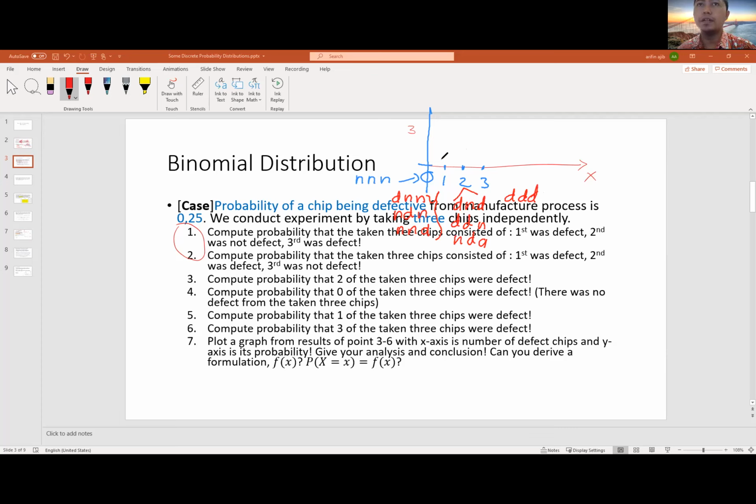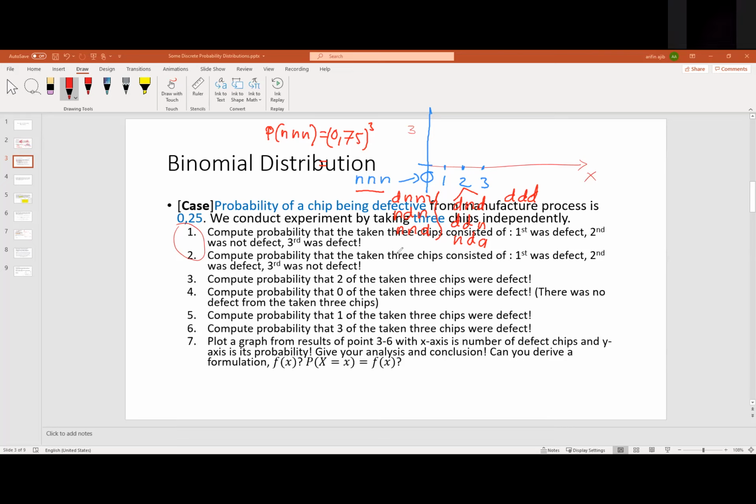And if you remember, for this one the probability for being n, can you help me, how much? Is it 0.75 power by 3? Yes.